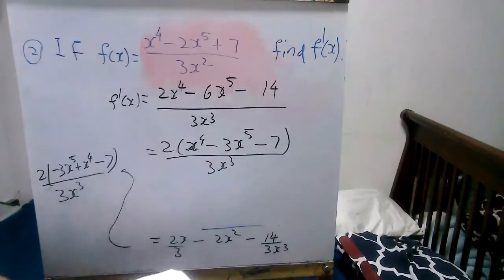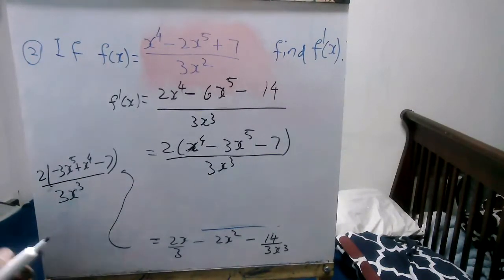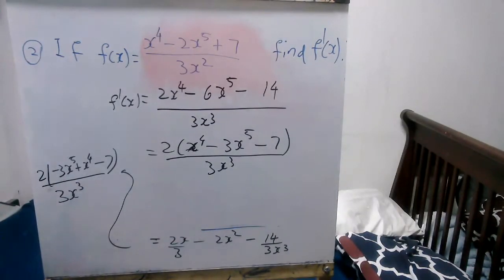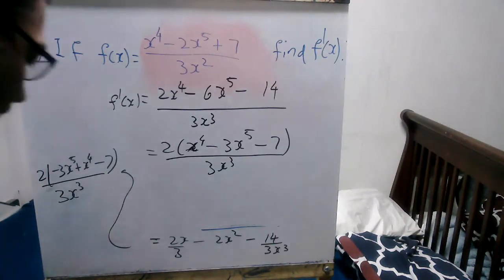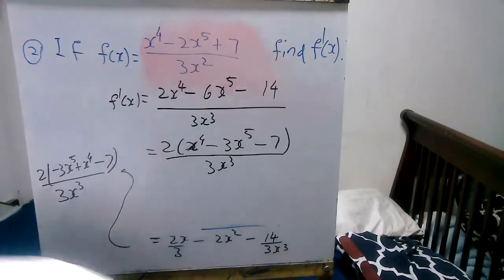So I think that's all about product rule and quotient rule. So as an example, I will ask you to do one of the questions here. Questions where you have the answer.